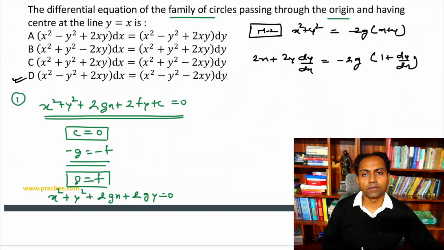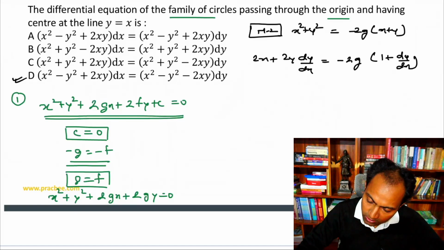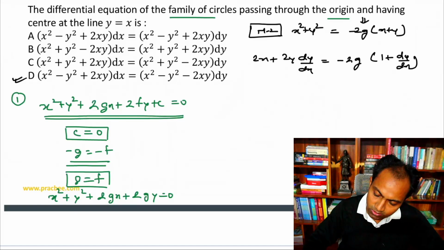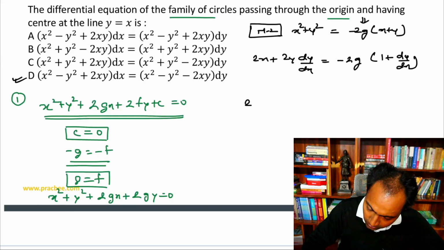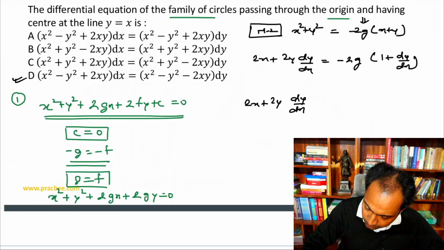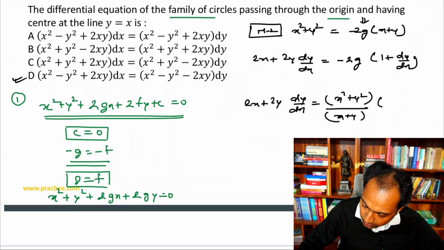Now from here, from the first part, you can substitute the value of minus 2g in this. So we have already 2x plus 2y dy by dx. In this, we are going to substitute the value from the first part. So it will become x square plus y square by x plus y into 1 plus dy by dx.